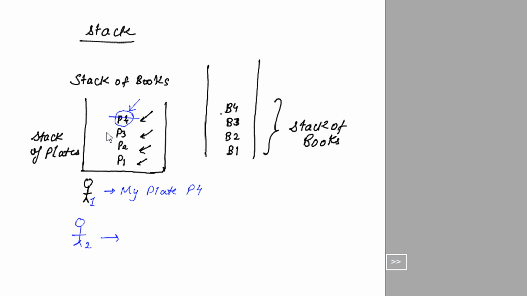Person 2 comes and takes the plate P3. So you can see that these guys have taken the plate which was at the top and not at the bottom. They did not first take P2, P3, P4 and then pull out P1. This is not the way to do.